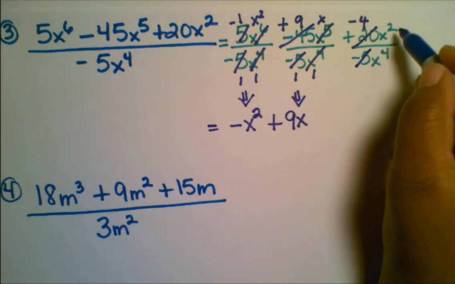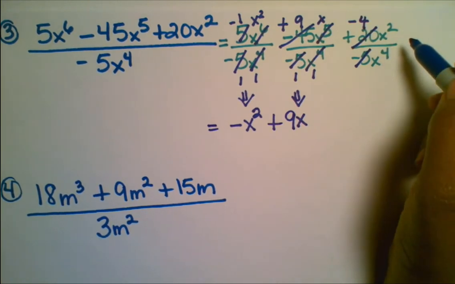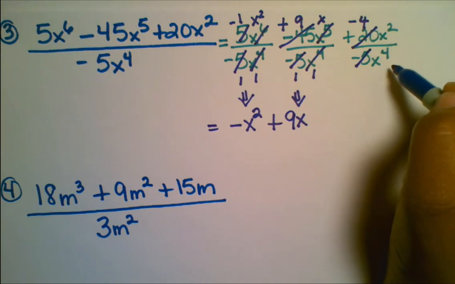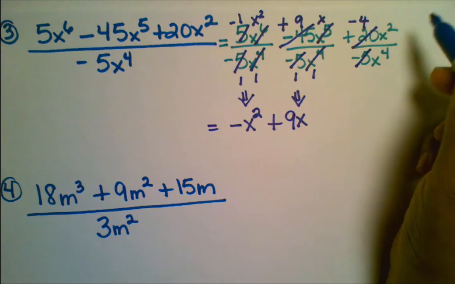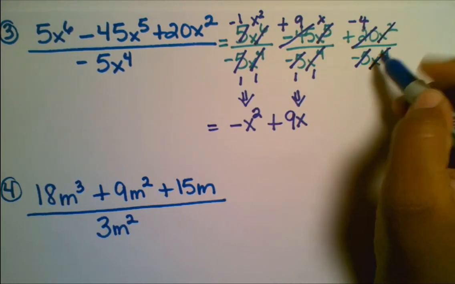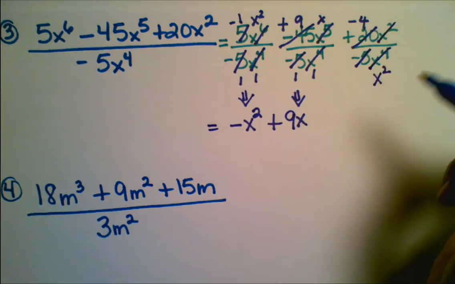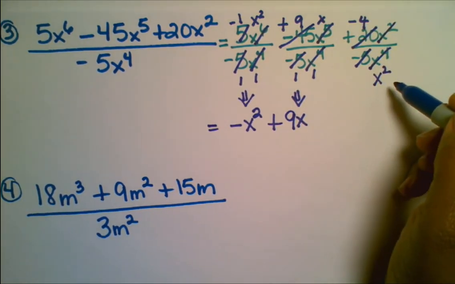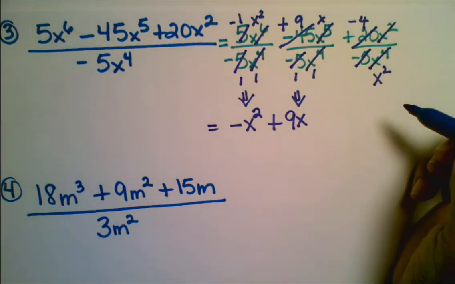Now let's look at what we have here as far as the base x. Where do you have the greatest amount of x's? In the denominator. So we're going to subtract 2 x's from out of 4. Our answer will be in the denominator. So since our answer is going to be in the denominator for base x, that third term will be in fraction form.